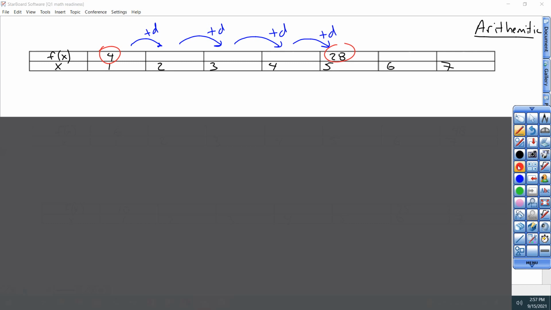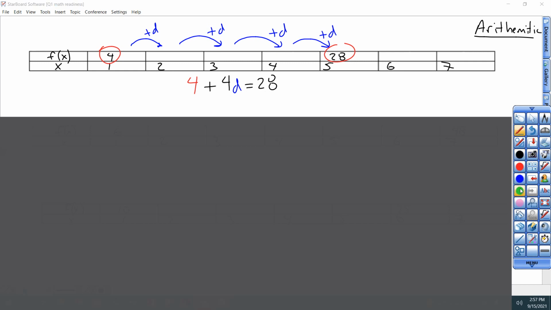You're going to set this up as 4, and since I have how many of those D's? 1, 2, 3, 4. I'm going to write that 4D because I have 4 of those D's. I could write that D plus D plus D plus D, or I could write that 4 times D equal to 28. That's going to be your equation to solve.